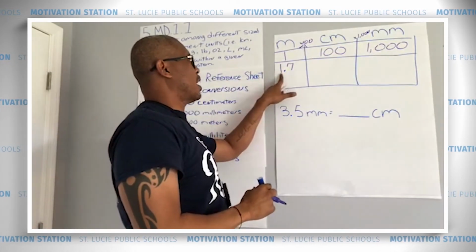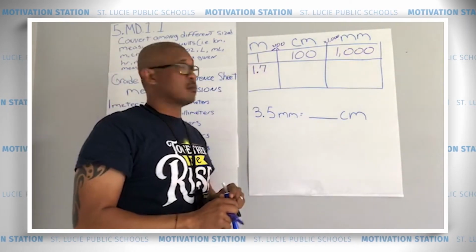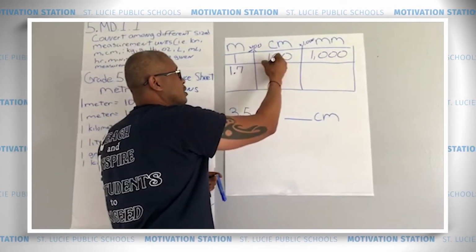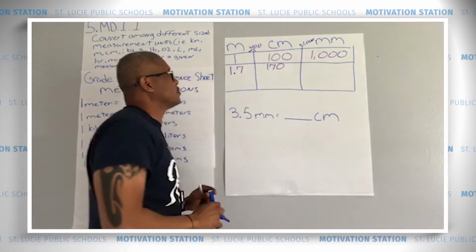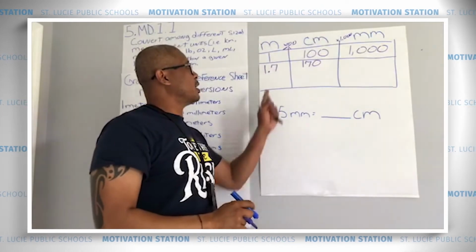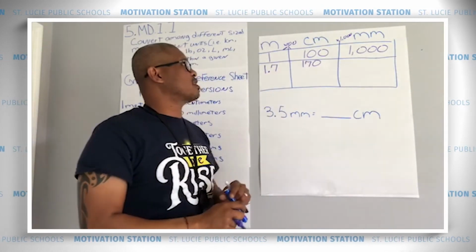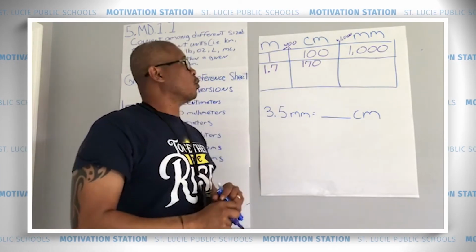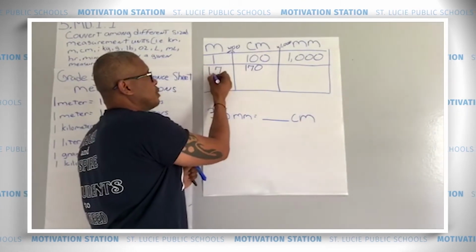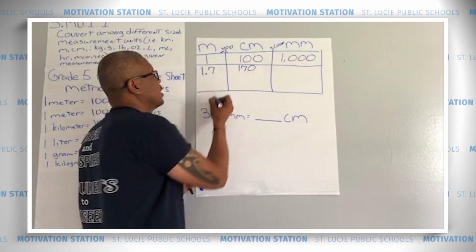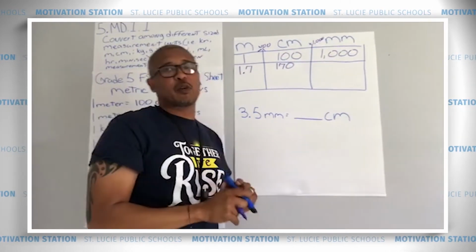So if I multiply 1 7/10 by 100, I should get 170. So 1 7/10 is equivalent to 170 centimeters. Well, how did you get that? Well, Mr. Slappy, I saw that you moved the decimal 2 places to the right, which gave you 170. That's exactly what I did.